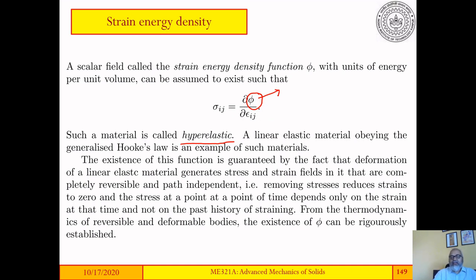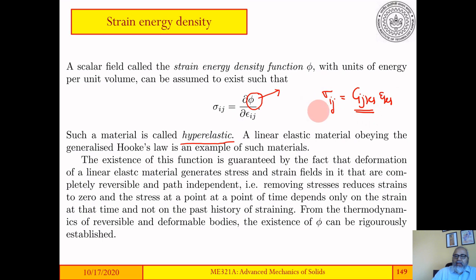So this is actually another way of stating your constitutive equation. For a linear material, for example, we know that the constitutive equation is stated in terms of the generalized Hooke's law as this, where these are constants.